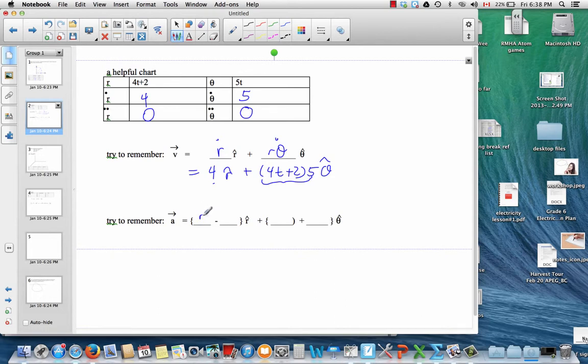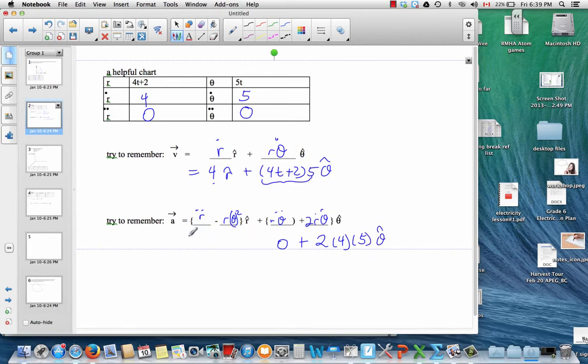For the acceleration components, it's r double dot minus r theta dot squared, and then it's plus r theta double dot plus 2 r dot theta dot. Now theta double dot is 0, so that term just disappears. This time though we do have an angular term because of the r dot. It's 4, theta dot is 5. So there's our angular acceleration.